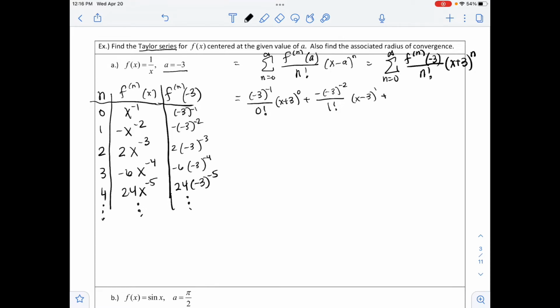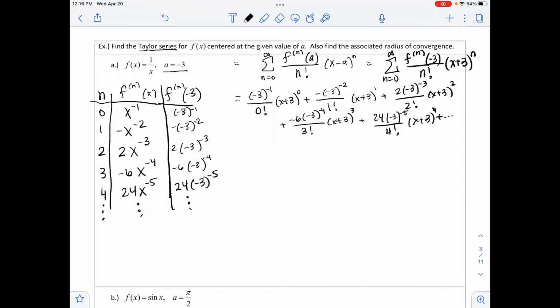And then the next term is going to be 2 times -3 to the negative third divided by 2 factorial times x plus 3 to the second, plus the next term we have is -6 times -3 to the negative fourth all over 3 factorial times x plus 3 to the third, plus we have 24 times -3 to the negative fifth all over 4 factorial times x plus 3 to the fourth, and this would continue on.